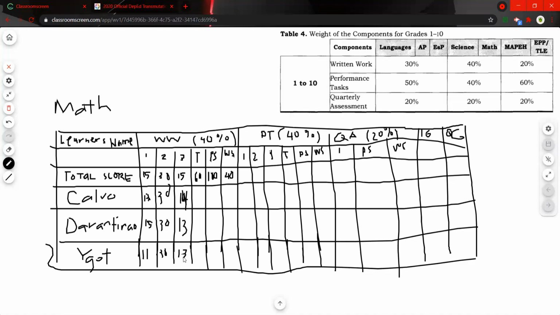Okay, so of course, for the total score, we are going to add the first written work up to the last one. For Calvo, 13 plus 30 plus 14 is equal to 57.